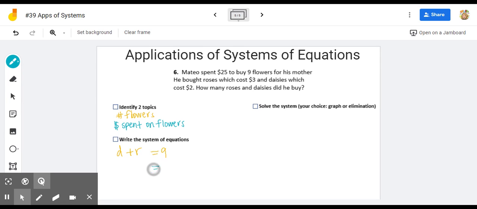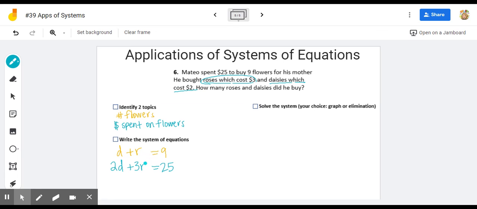We also know that Mateo spent $25 on this bundle of flowers, and each daisy costs $2, so $2 per daisy. And we also know that each rose cost him $3. So $3 per rose.